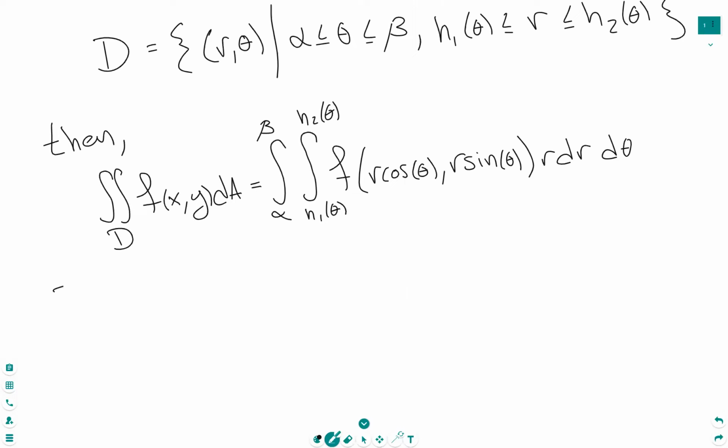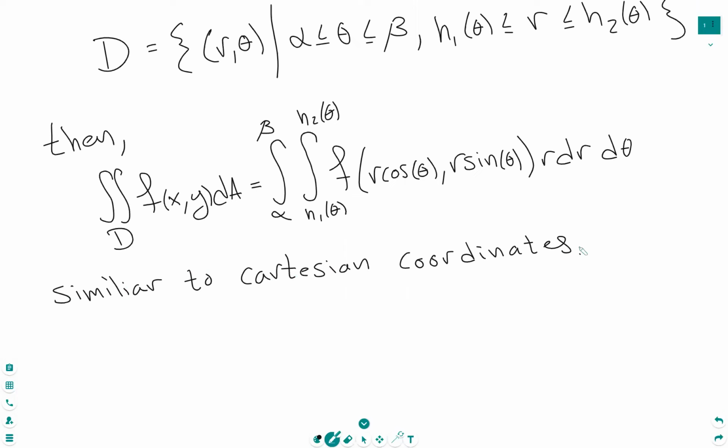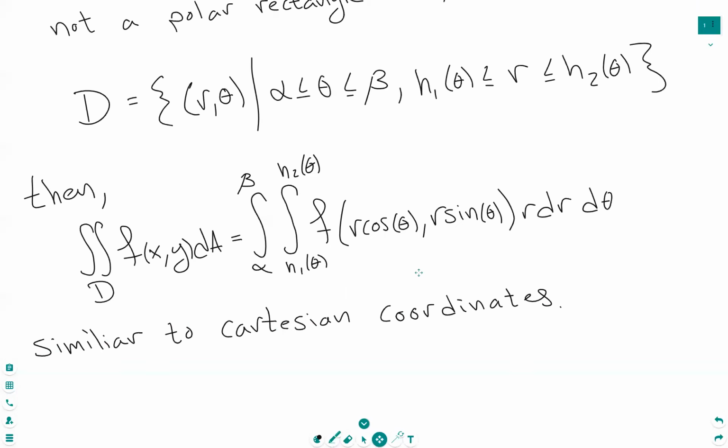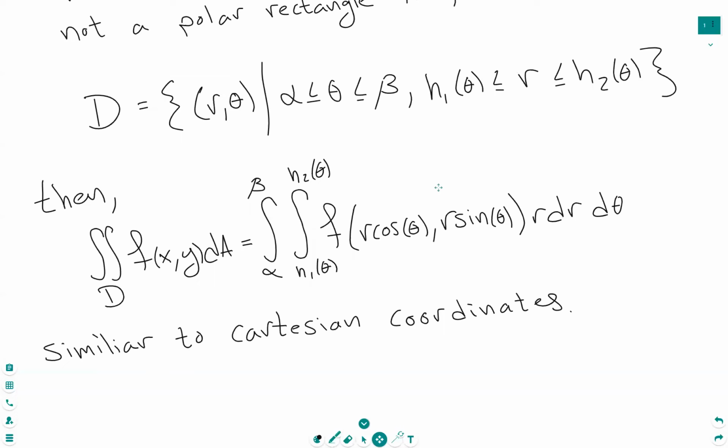So this is pretty similar to Cartesian. So most of the time, I think you want to describe your region with the bounds being on r that are functions of theta.